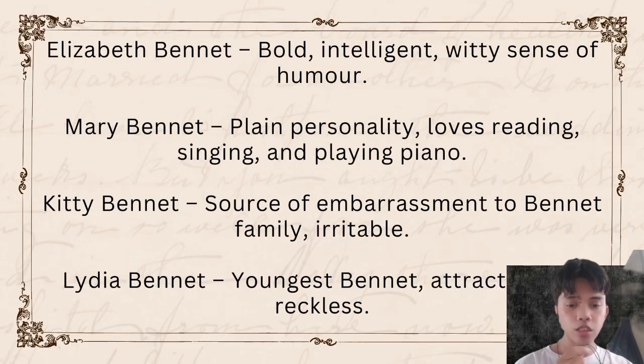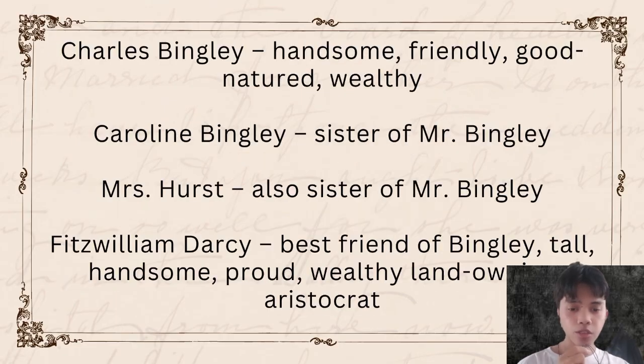Next is Elizabeth Bennet, bold, intelligent, with a witty sense of humor. Mary Bennet, a plain personality, loves reading, singing, and playing piano. Kitty Bennet, a source of embarrassment to the Bennet family and irritable. Next is Lydia Bennet, the youngest Bennet, attractive but reckless.